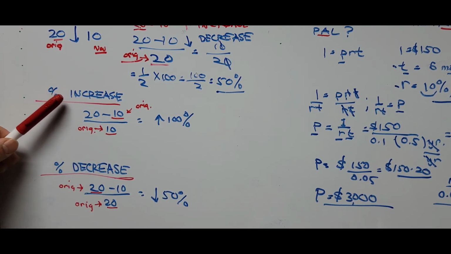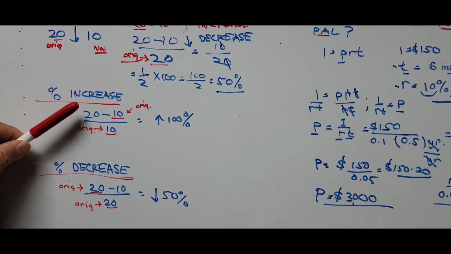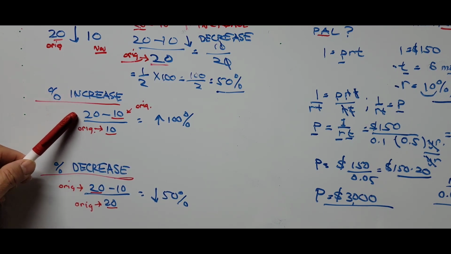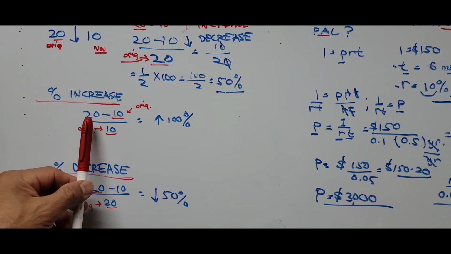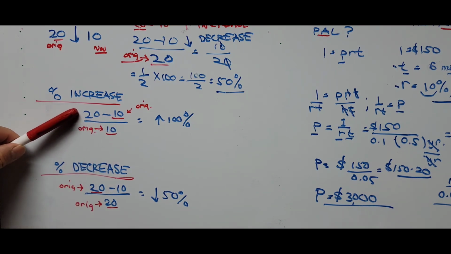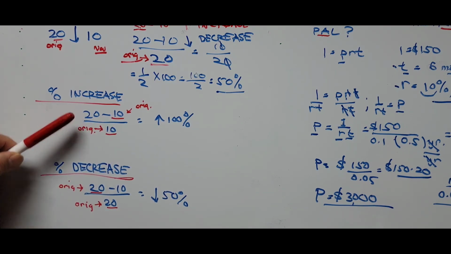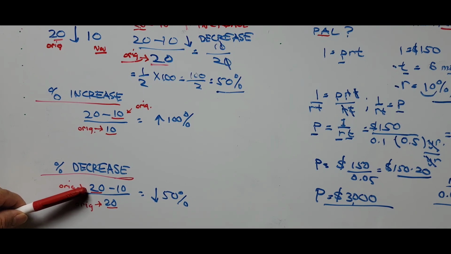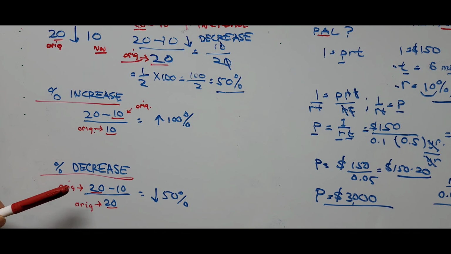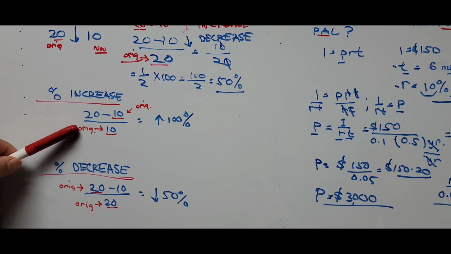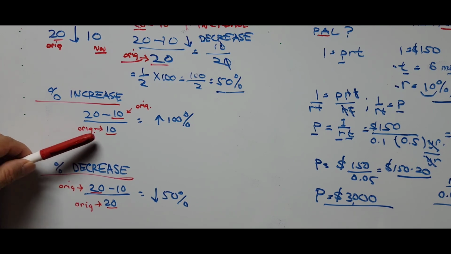And when it comes to percent increase, the numerator will always be the difference between the higher and the lower values, and the denominator, once again, would always be the original number.